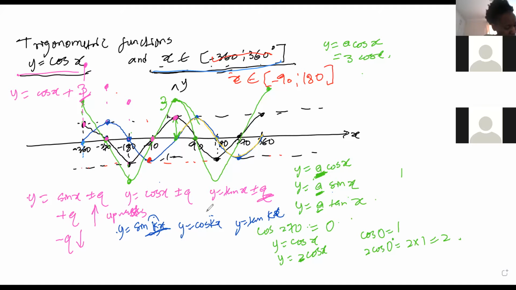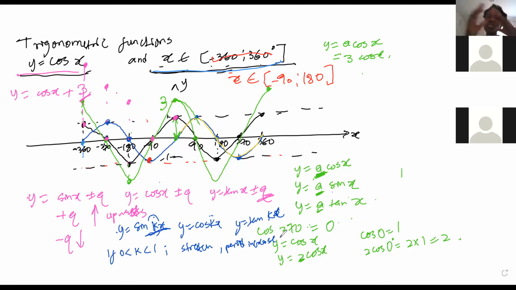And then they say if k is between 0 and 1, your graph will be stretched, and your period will increase.